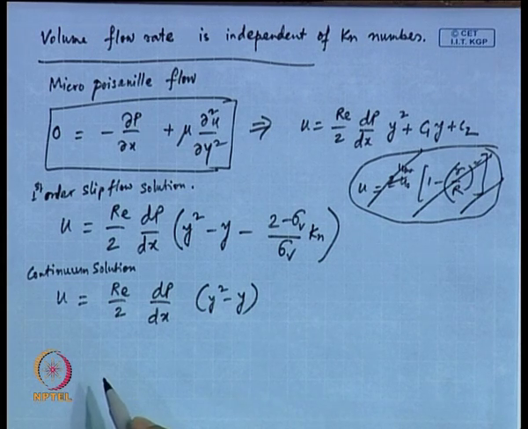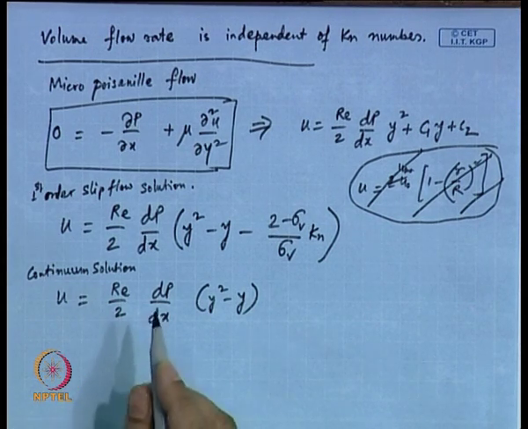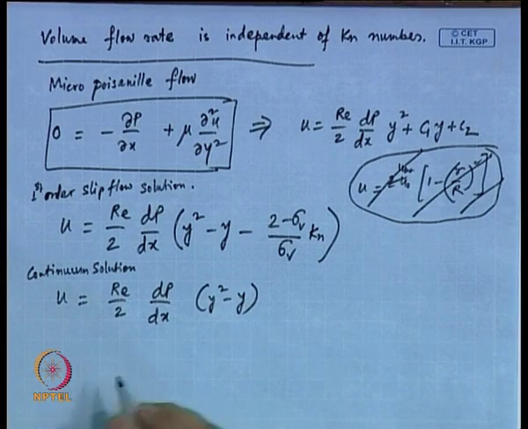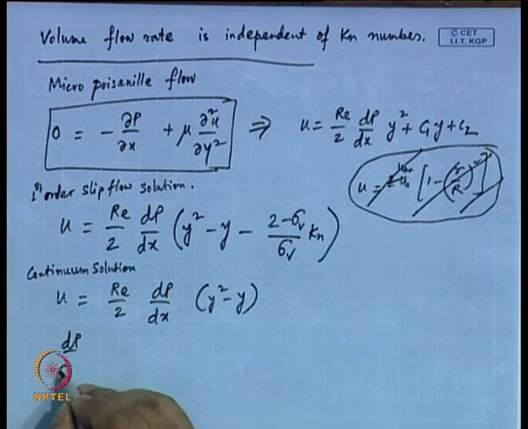One can make a note here that dp dx is always negative.